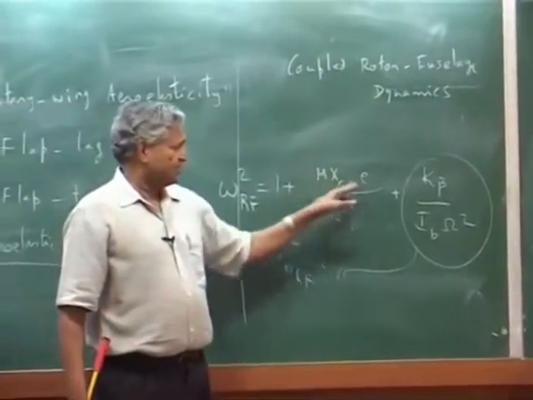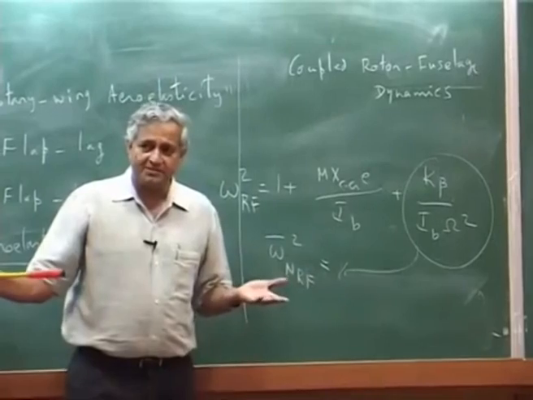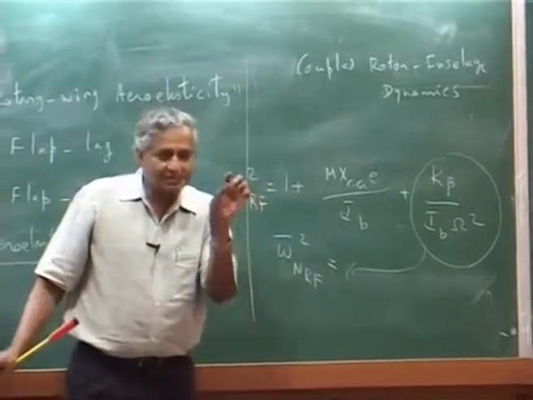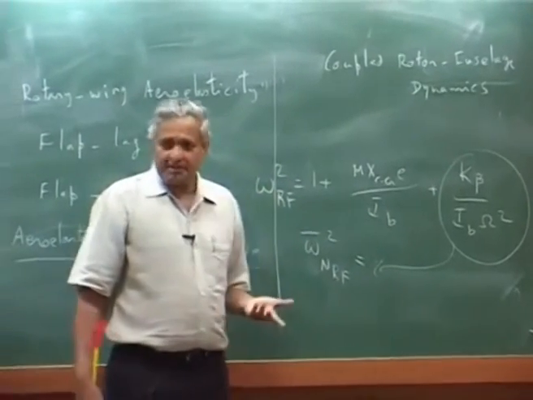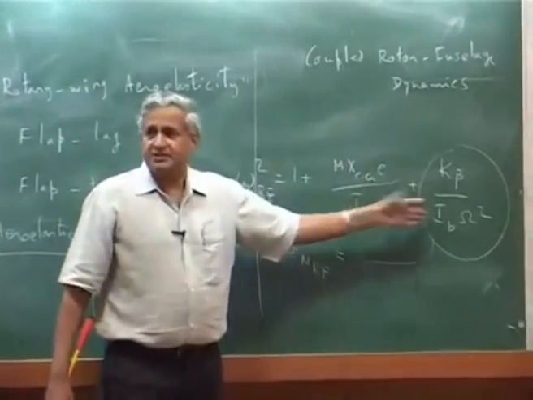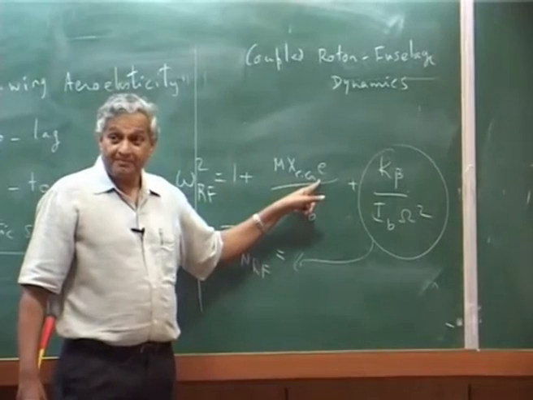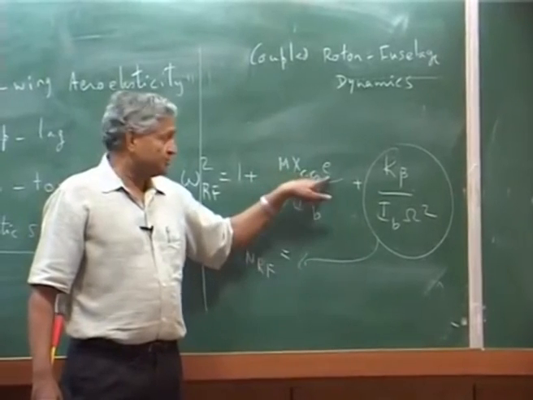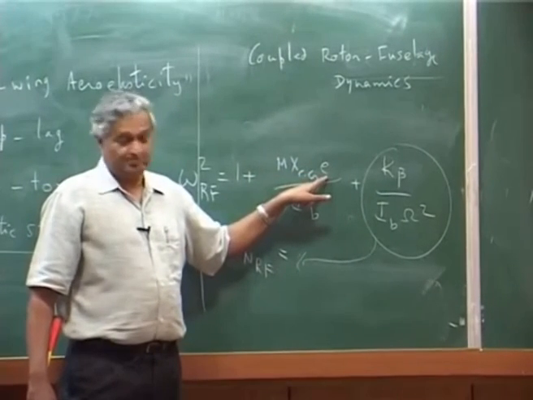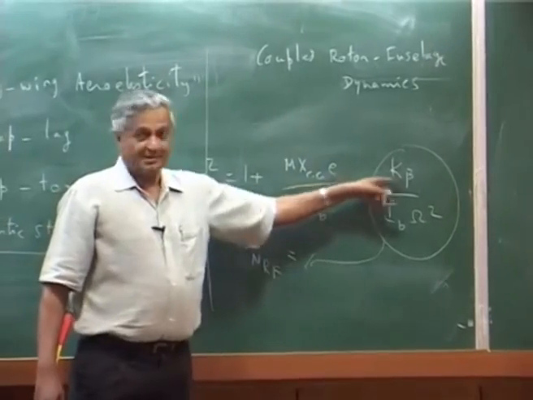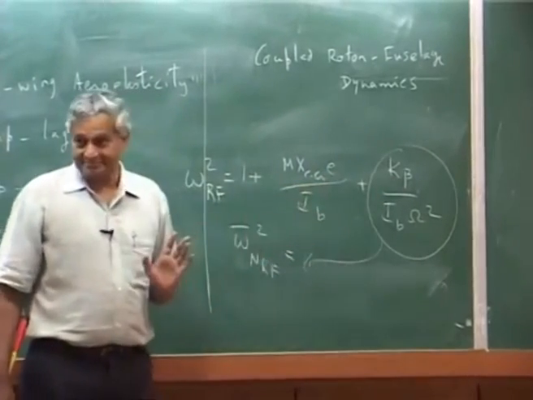This you can estimate, because in a hingeless blade it is very difficult to know where exactly the hinge is. There is no one point. So from the frequency you try to estimate what is this and what is e. If you assume this, you can get this. Equation is only one.